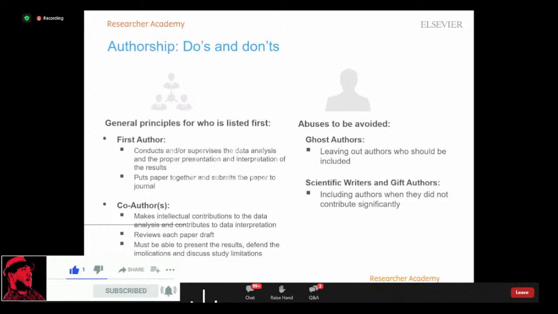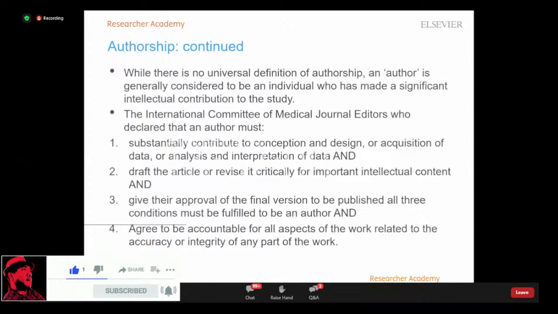They review each paper draft, and they must be able to present the results, defend the implications, and discuss the study limitations at any point. Things to avoid are ghost authors, that is, leaving out authors that should be included, or having scientific writers or gift authors, that is, including people as authors that have not had significant contributions. Very, very important.